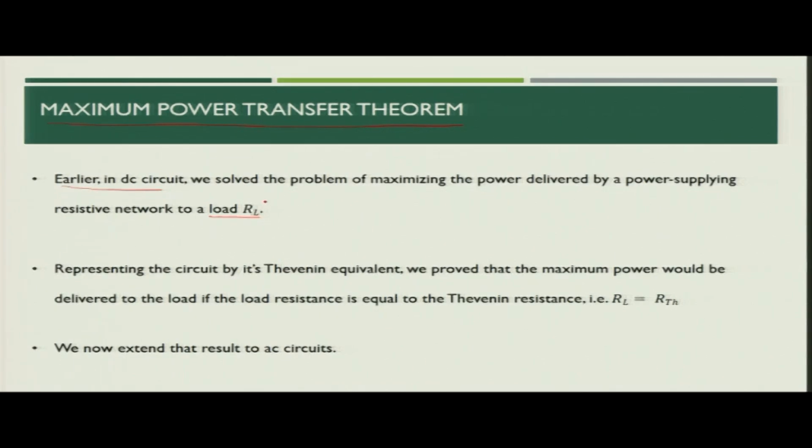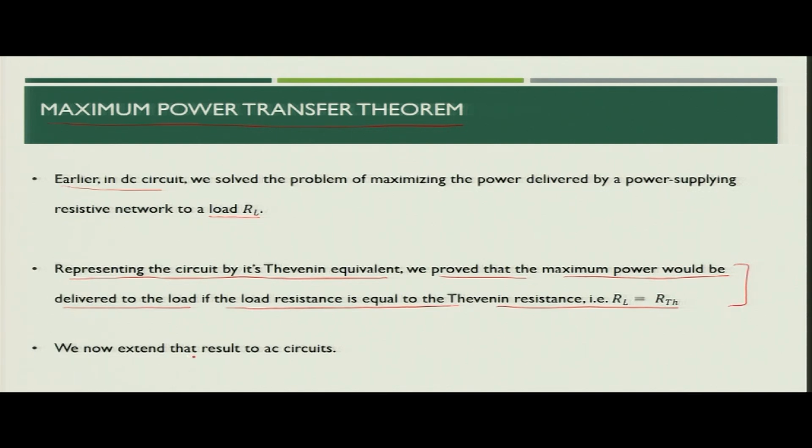We solved mathematically: first the circuit is represented by its Thevenin equivalent, and then we proved that maximum power would be delivered to the load if load resistance is equal to Thevenin resistance. So, this is what we proved in case of DC circuit.